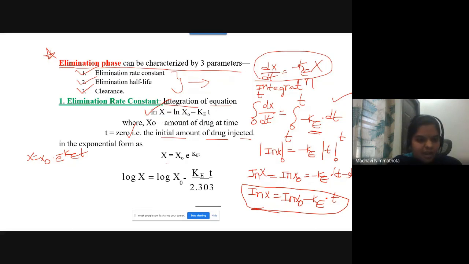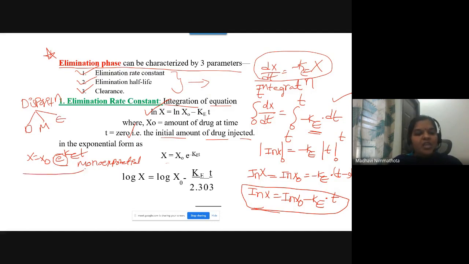Then it shows the disposition of the drug follows one compartmental kinetics, which is mono exponential. The disposition includes distribution, metabolism and elimination.